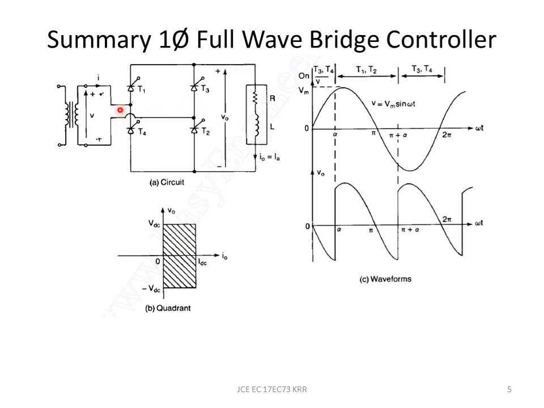So, the input points get reversed at the load, right? Because of T3 and T4. So, T4 will conduct. So, this point is short circuited to this point. So, whatever is the input voltage will appear as a reversed voltage, right? Reverse voltage. So if it is negative, it becomes positive. So I get this voltage until the next firing which occurs at 2 pi plus alpha.